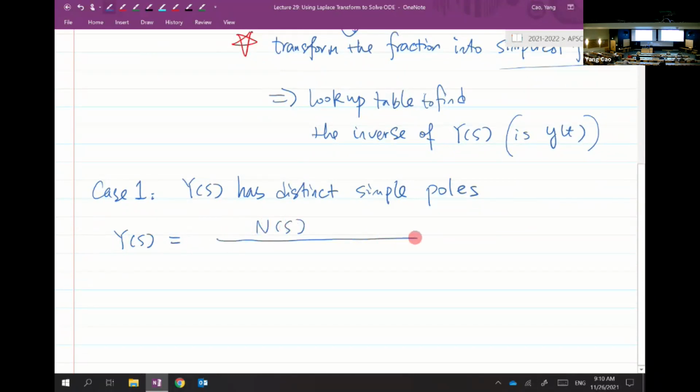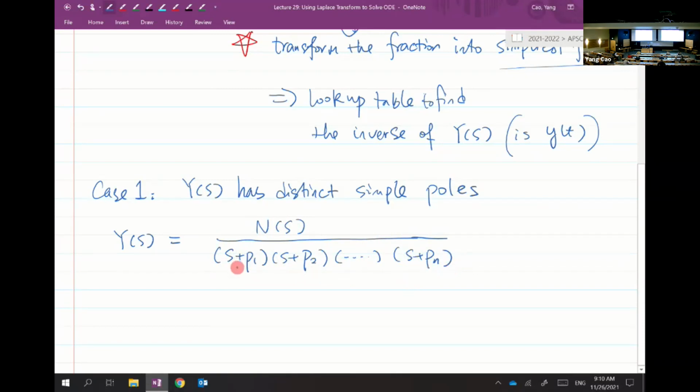You have a numerator, and the denominator you can separate into factors. I'm writing a very generic denominator here. You can look at the denominator, there are n factors. Under certain situations the polynomial for the denominator could be written as a multiplication of several factors.